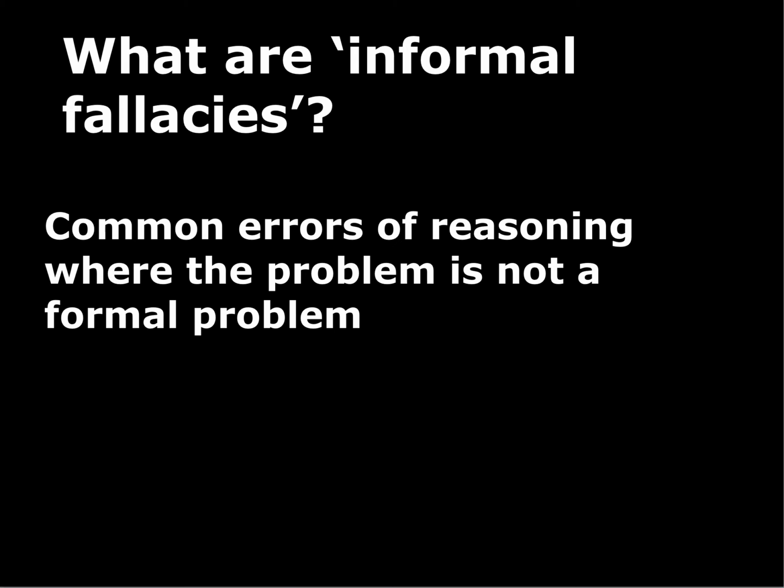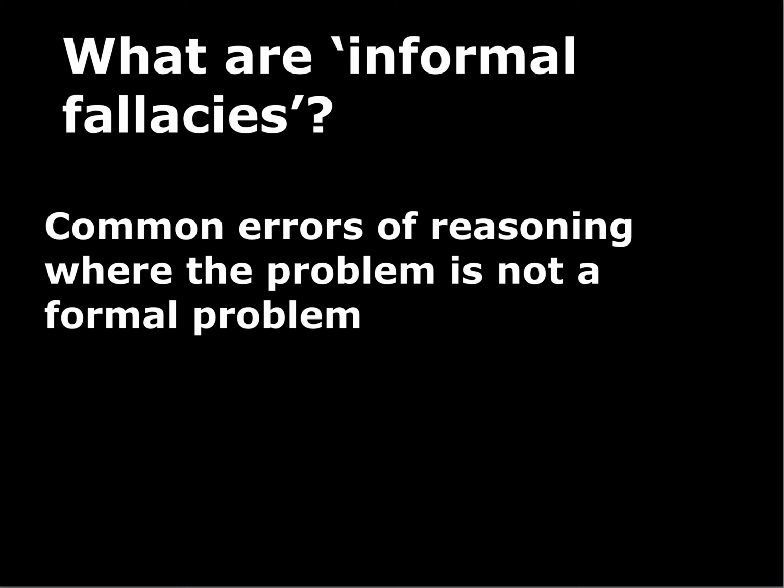Another way to state the same thing is that the problem is specific to the content. Remember, when we translate from real language into the formal notation, we're stripping the content out of the argument. So P or Q, not P, therefore Q, could be about pizzas, it could be about anything, but we've taken the content out. But sometimes the content is crucial.